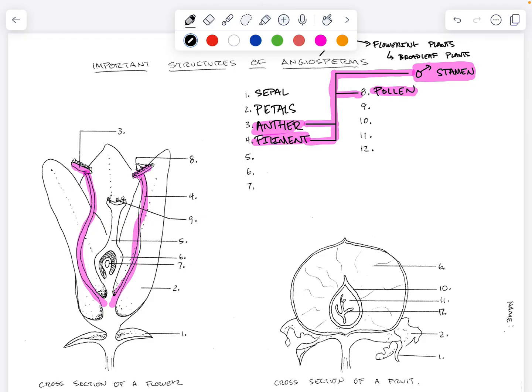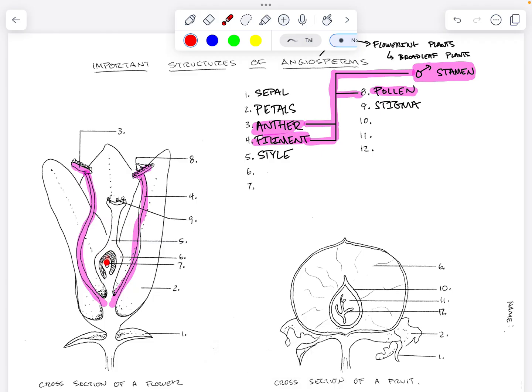Okay, number 5. This component right here is called the style. The style is an open tube from the top of the structure called the stigma. The stigma is usually pretty sticky, and little grains of pollen will land on the stigma and stick to it, and then they will grow down the length of the style.